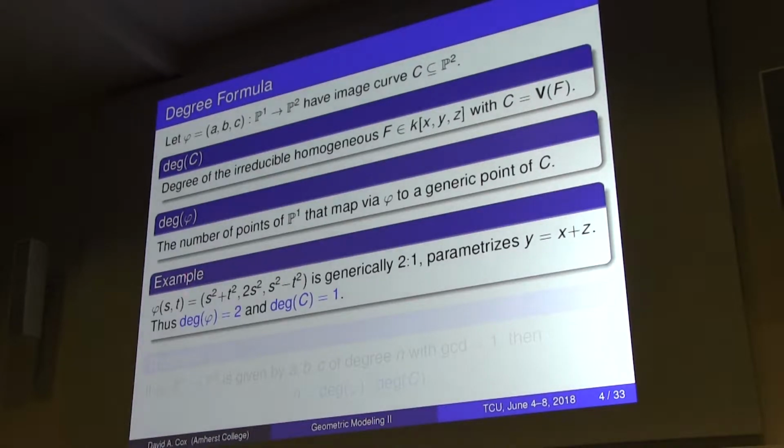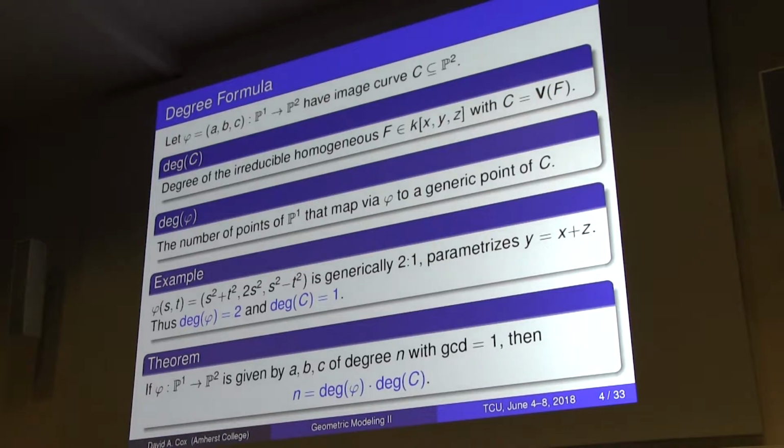An example would be this very simple parameterization, and it's generically 2 to 1, because, for example, (s,t) and (-s,-t) map to the same point. And it turns out that the sum of these two, x plus z, is just equal to y, so I'm just parameterizing a line.